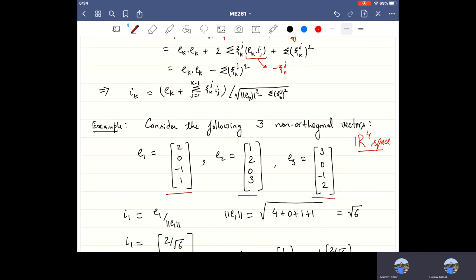So stepwise, if we go the way we went about constructing the general vectors, in the same way, we say I1 is E1 by norm of E1. Norm of E1 is going to be coming from here, 2 square plus 0 square plus minus 1 square.